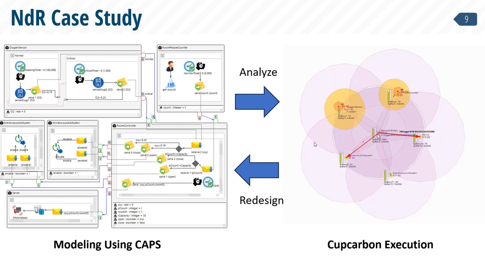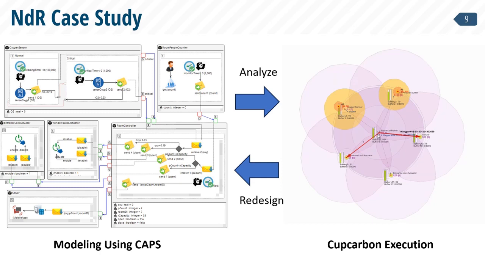Then we converted the model to a CupCarbon project to run and evaluate. To improve energy consumption, we decided to change the frequency of sensors. For that, we applied 3 different behaviors for the NDR case study.